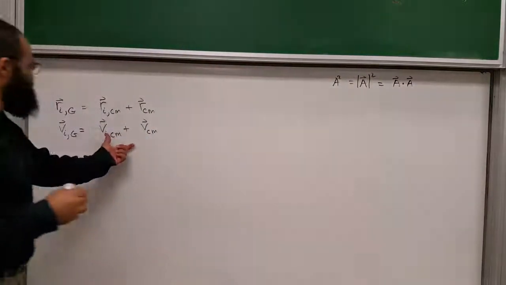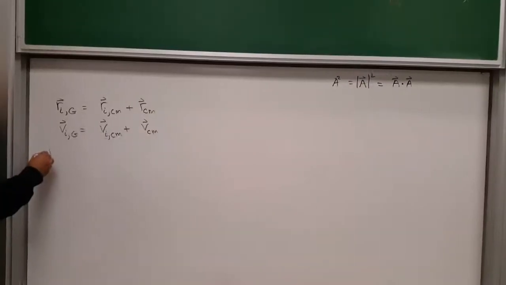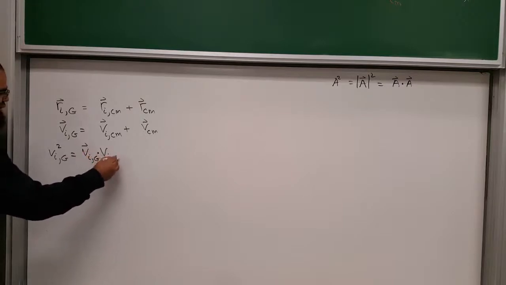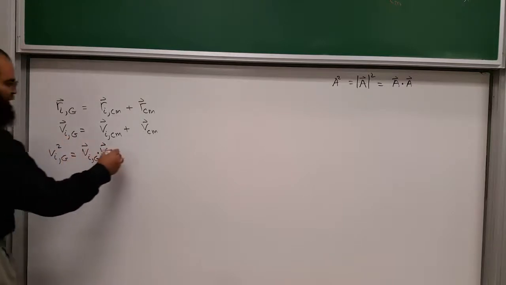So exactly that's what I'm going to do. Vi relative to the ground squared will equal Vi relative to the ground dotted with itself.